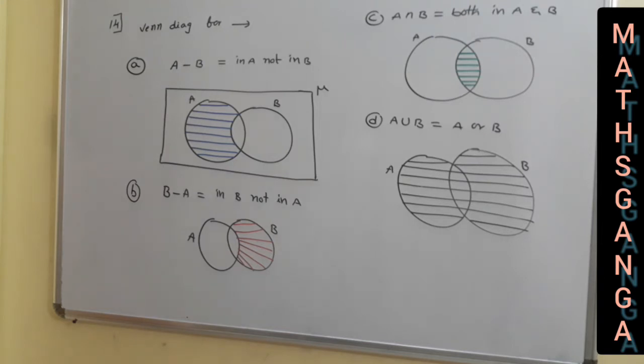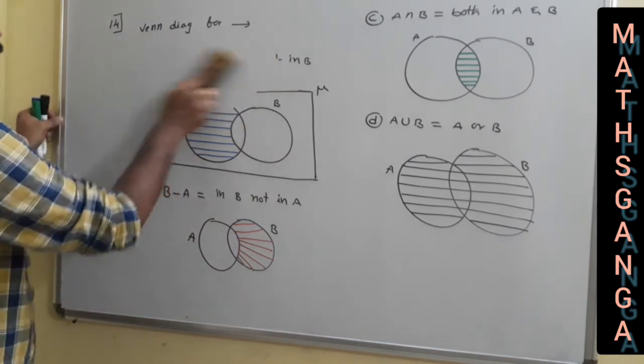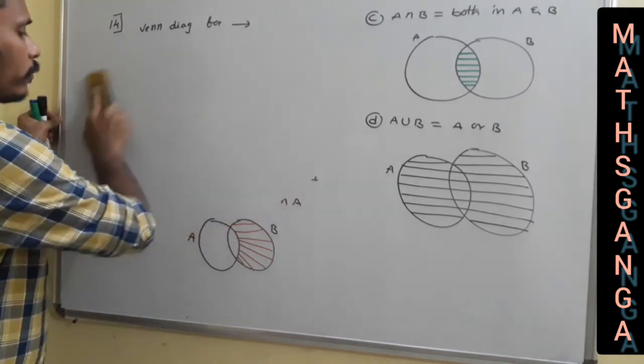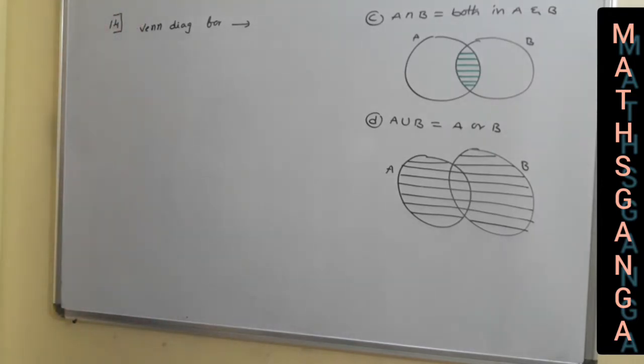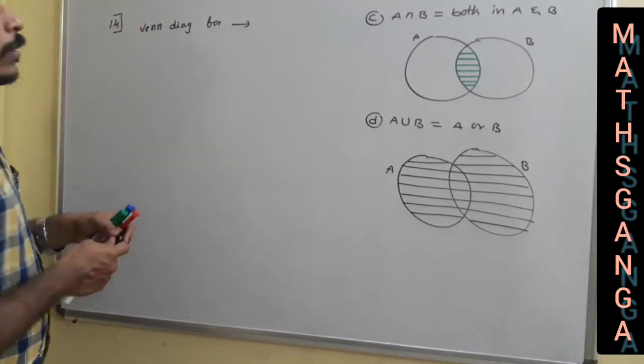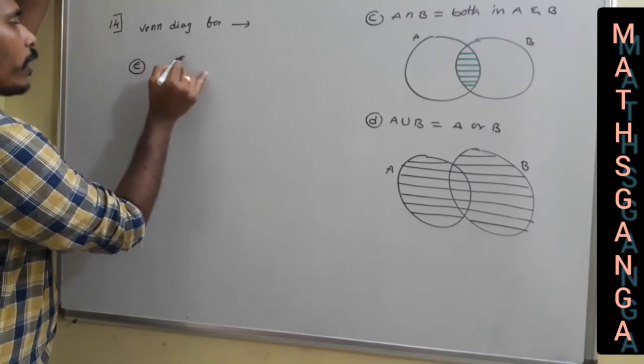Then think about the Venn diagram for A complement. Right. A complement, and in a similar way for B complement also. Venn diagram for A complement.